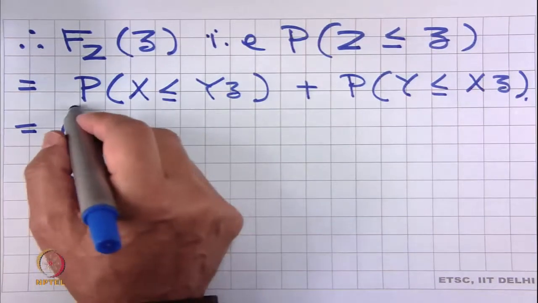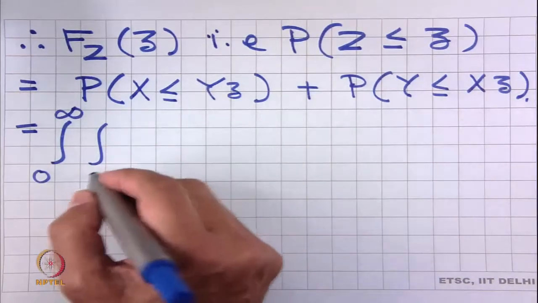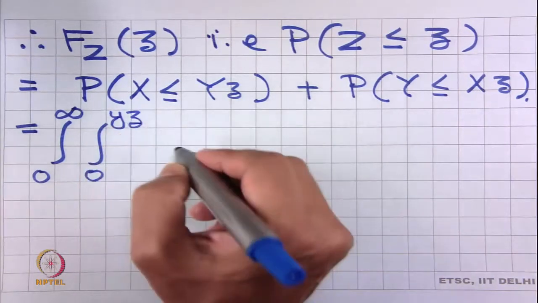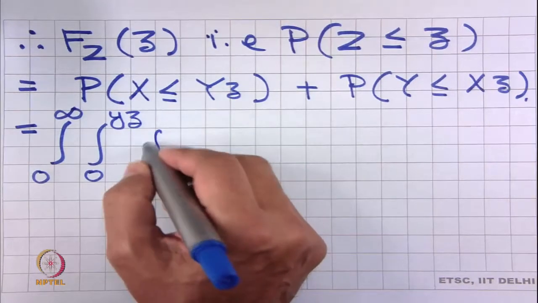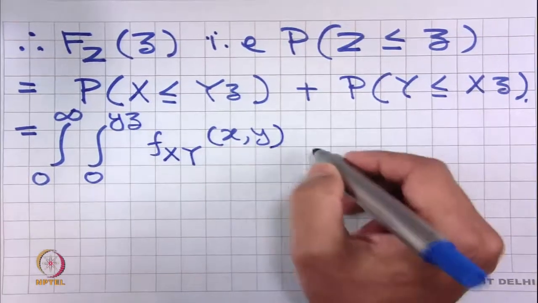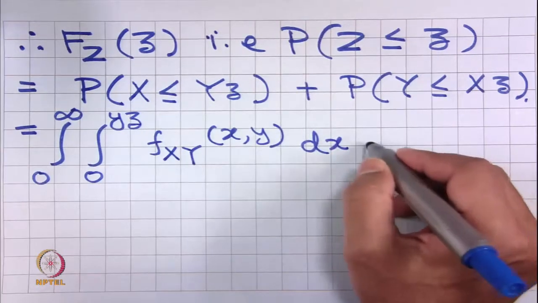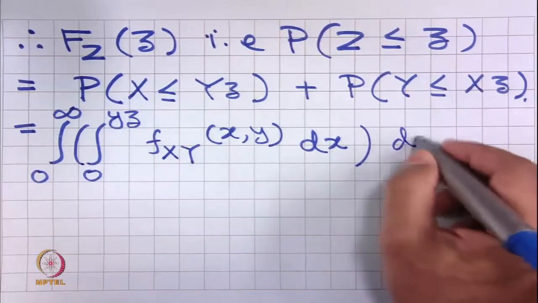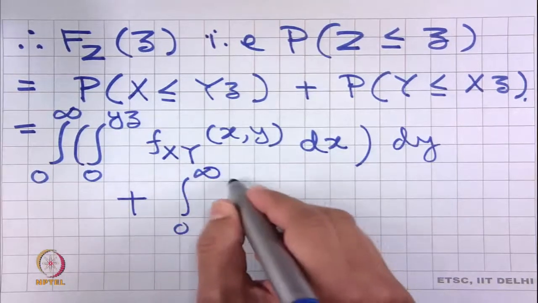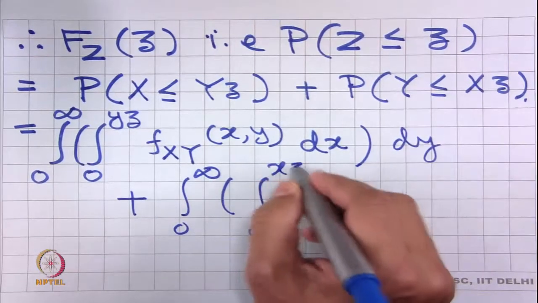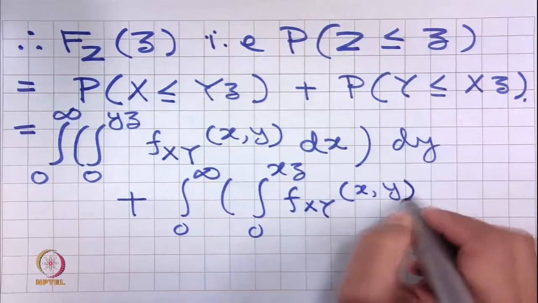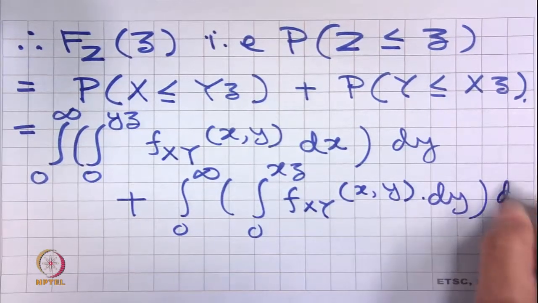Therefore, range of y is 0 to infinity, but for a given y, x can go only from 0 to y z, and here we are writing the joint density of x, y dx dy, plus a very symmetric term which is integration 0 to infinity, integration 0 to x z of f x y dy dx.